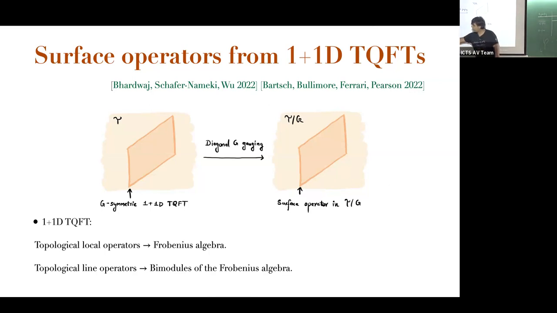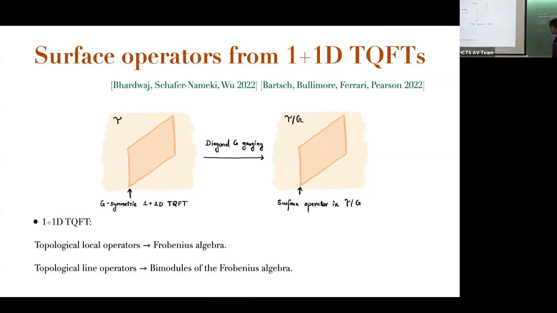And the line operators are then determined by representations of those Frobenius algebras, or more precisely bimodules. So I'm just writing it here to highlight that these are really well studied, because these are semi-simple TQFTs. We are not considering non-semi-simple TQFTs, they are more exotic. They're also classified, but the classification is not as simple as this.